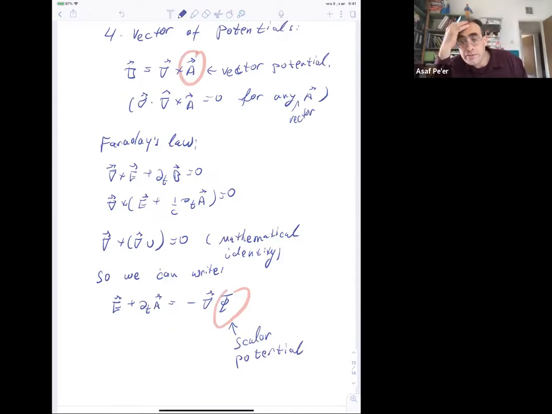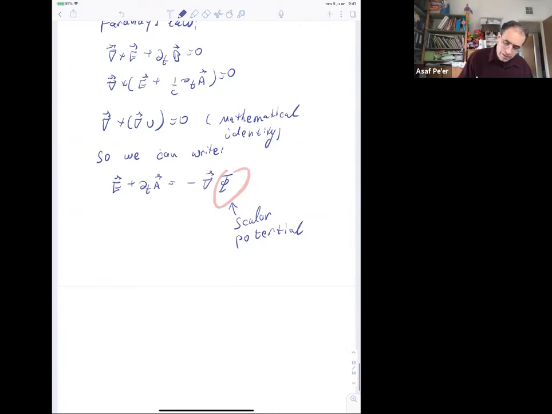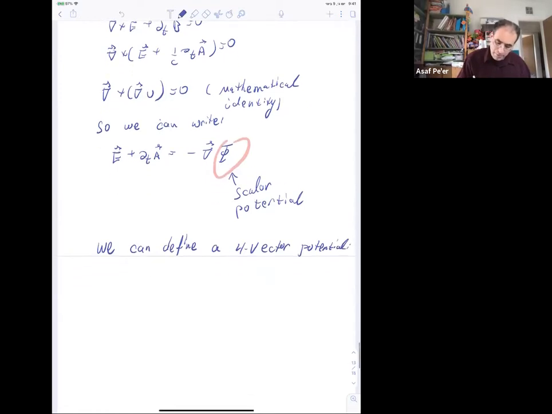Now, as you said, you've seen that in first year. The thing I'm less convinced you've seen is that you can take the scalar potential and the vector potential and merge them together, and you end up with a 4-vector potential. So we can define a 4-vector potential A^μ from the scalar and the vector potentials.